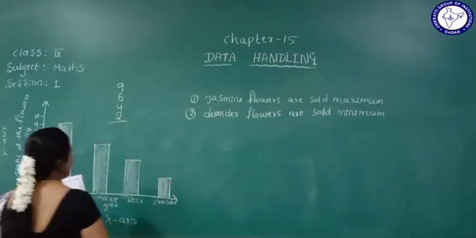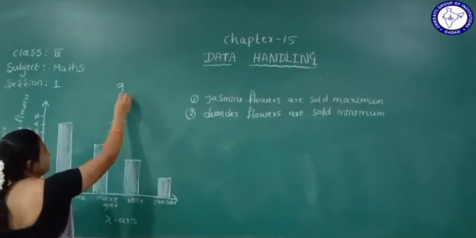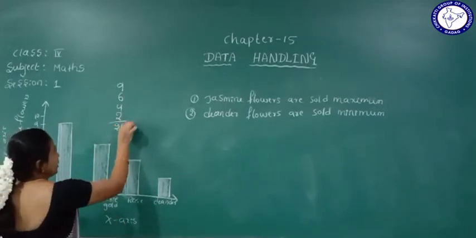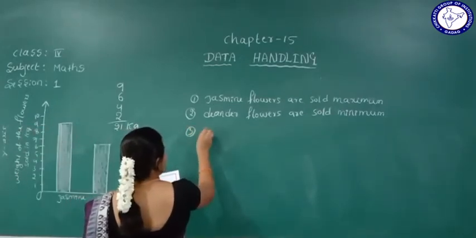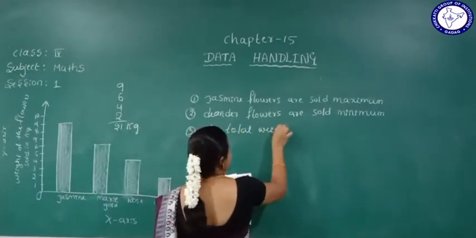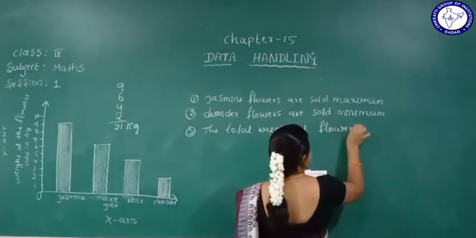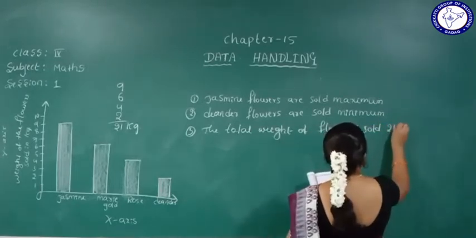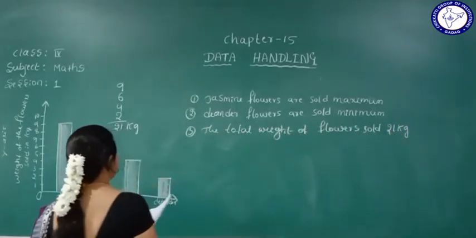So now count how many total flowers were sold in kg. 6 plus 9, 15, 15 plus 4 is 19, 19 plus 2, there are 21 kg of flowers sold. The total weight of flowers sold is 21 kg.